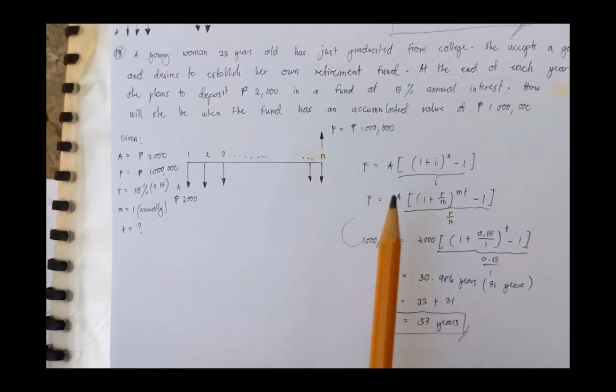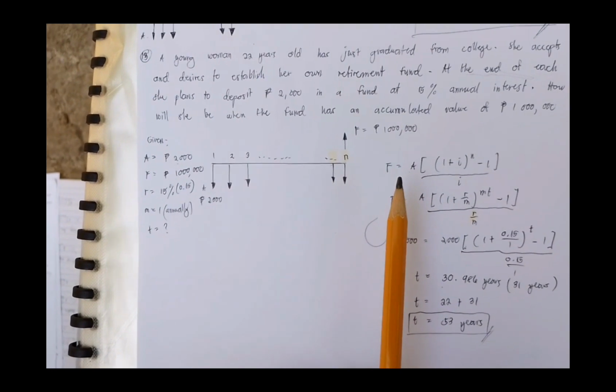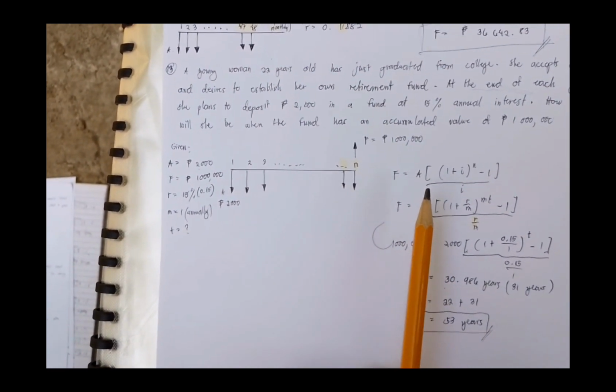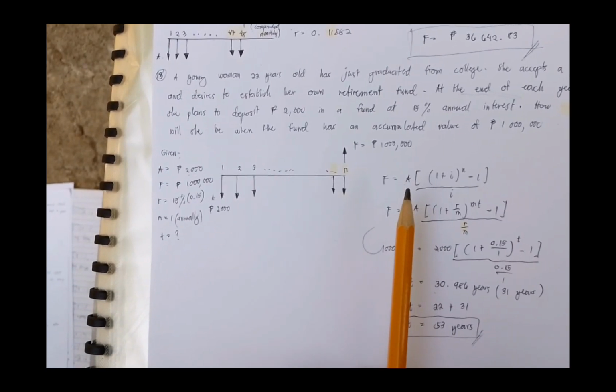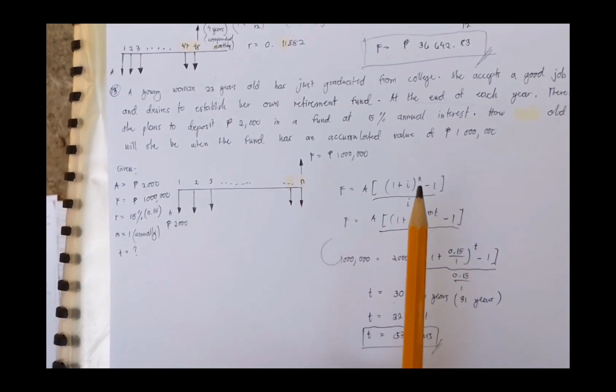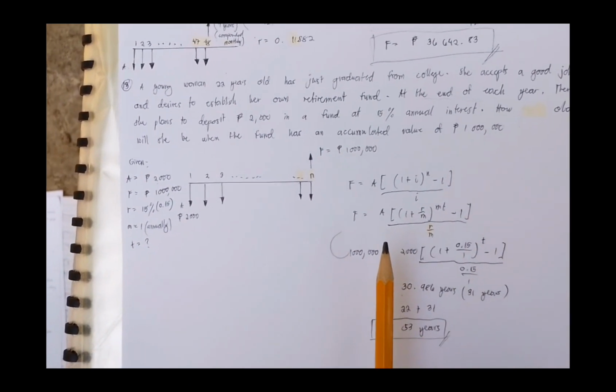Using the formula of ordinary annuity for future value, F is equal to A times the quantity of 1 plus i raised to n minus 1 all over i.